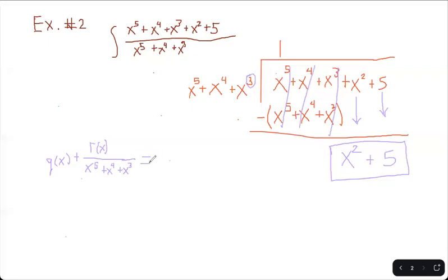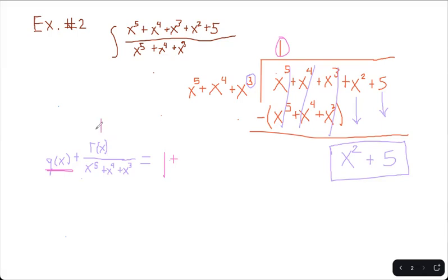so plugging in the values that we already have, our qx is our quotient. It's this, right? So it's going to be 1 plus, right?